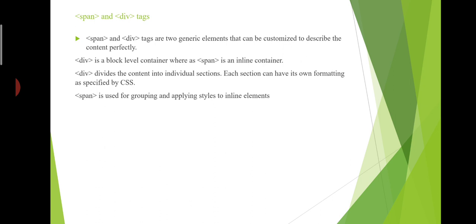Span will be applied only for inline, whereas div represents the entire block. Div divides the content into individual sections where each section can have its own formatting as specified in the CSS. And span will be used for grouping and applying styles to inline elements. So whenever we are using span, it will be applicable only for the inline element.